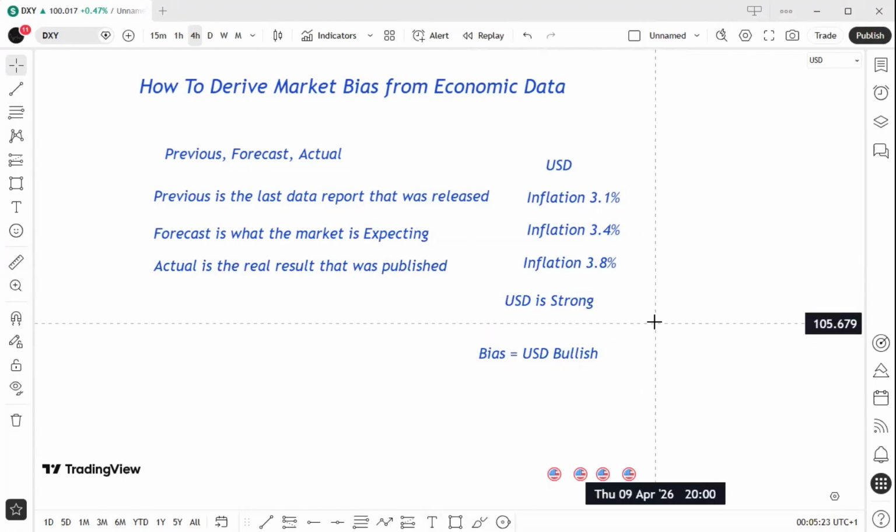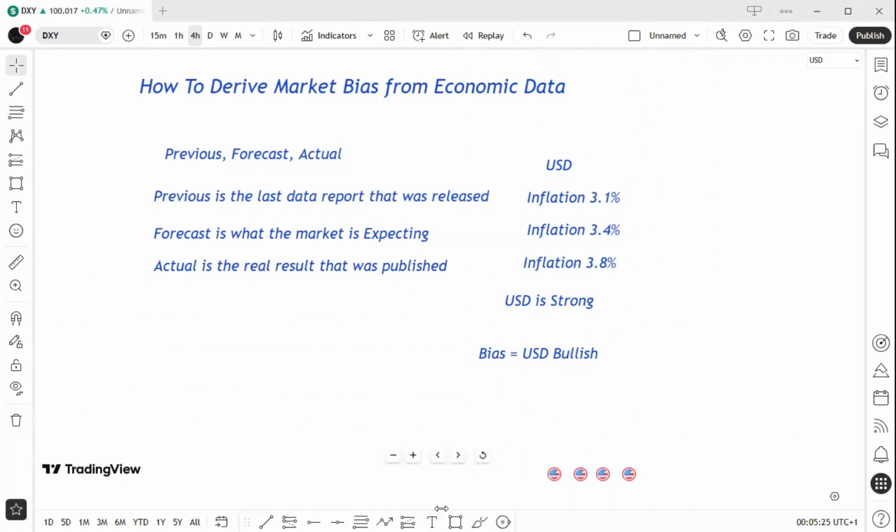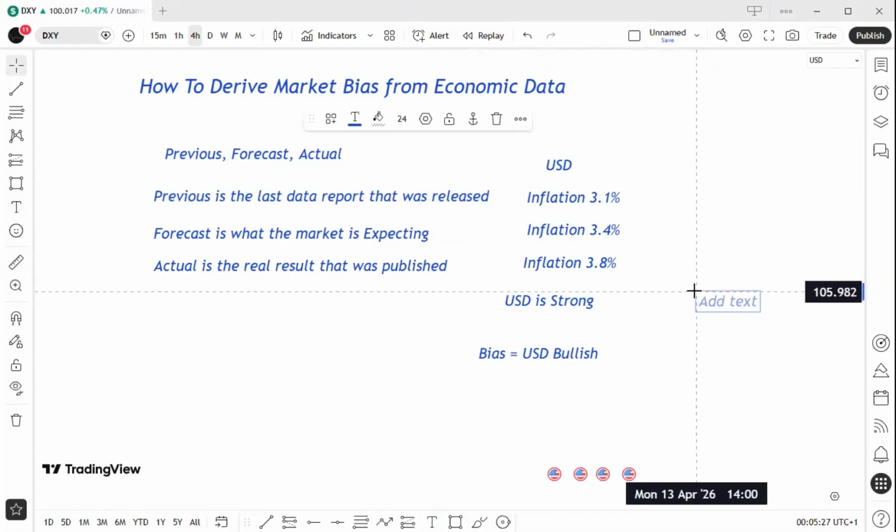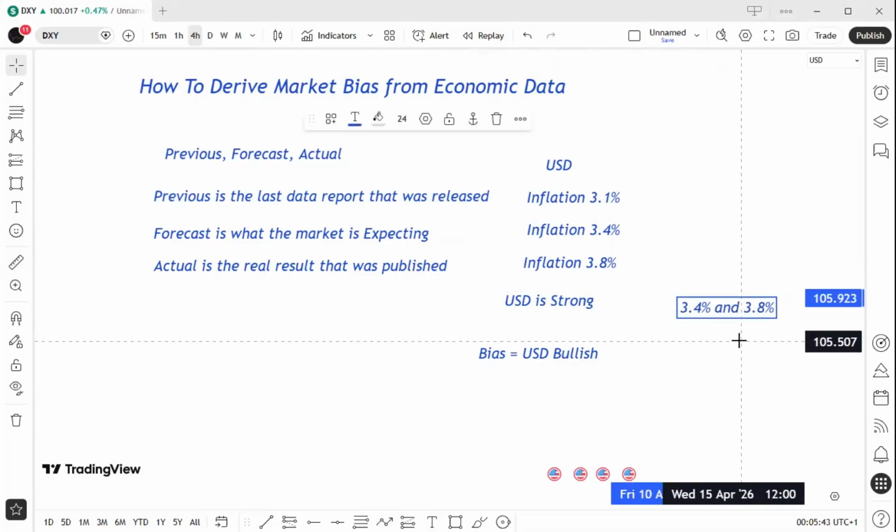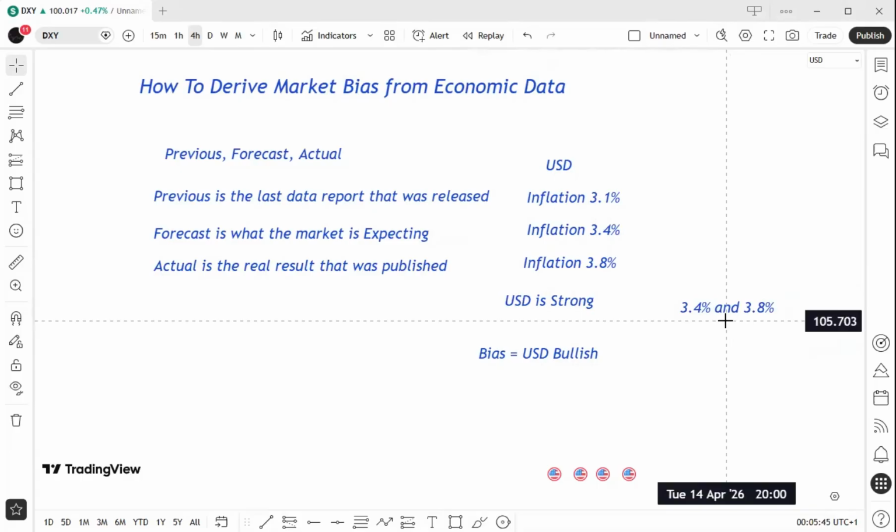The forecast was 3.4%, and actual came out 3.8%. This is telling us that there's an increase in inflation, which strengthens the currency.